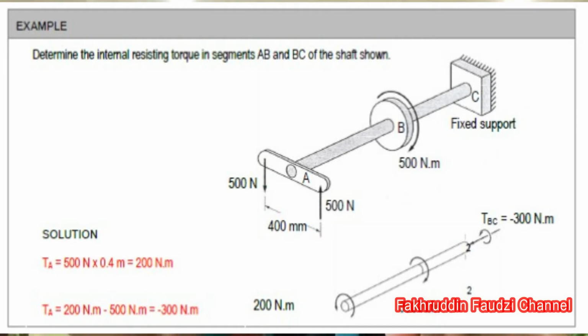And then its torque is the same, facing that way. To get that, it is 200 N times meter minus 500 N times meter. So its TBC is equal to negative 300 N times meter.